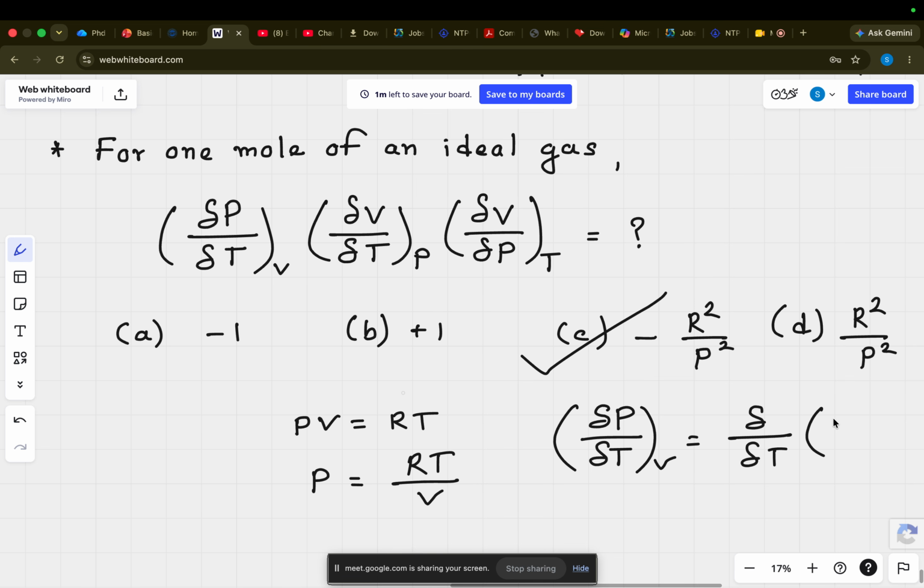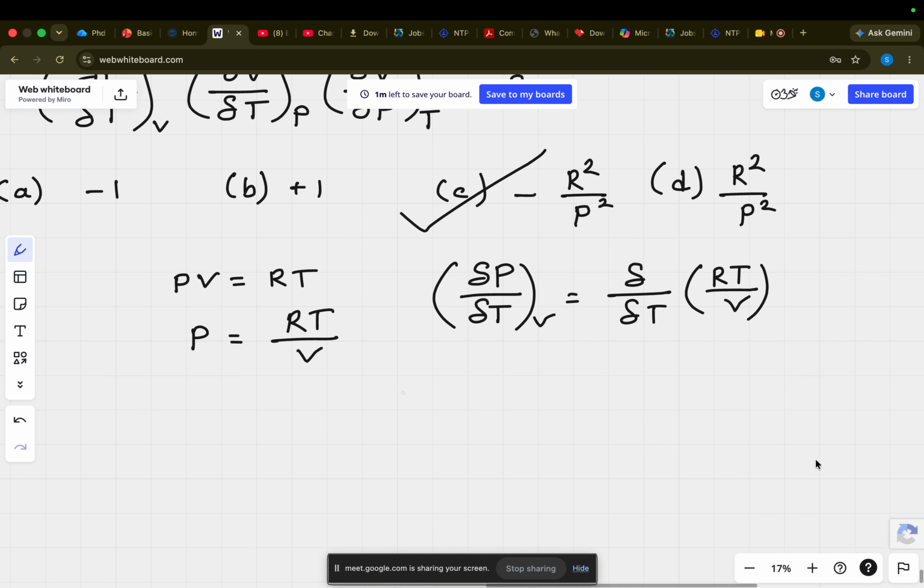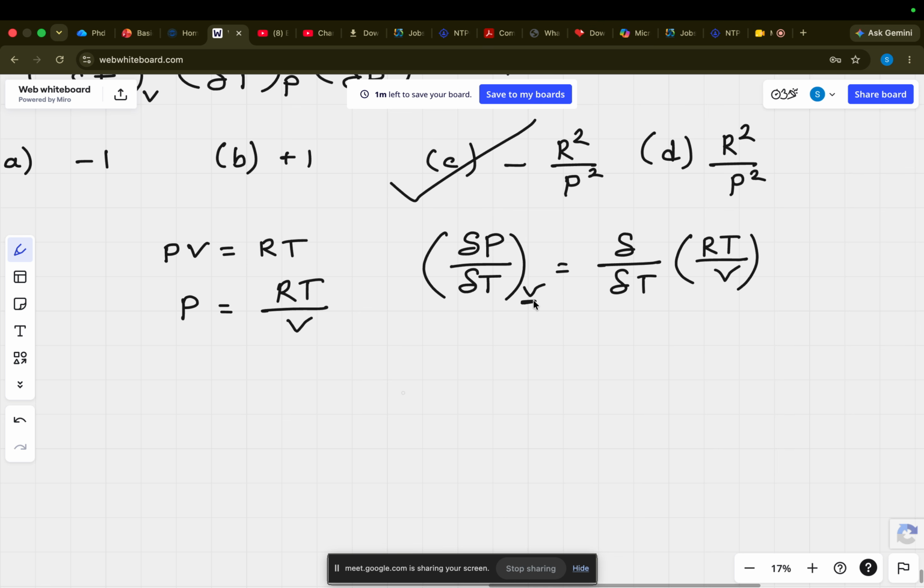RT by V, so put the value here. They have clearly mentioned that volume is constant, and R is also constant, so this R by V will come out. Then del T by del T cancels out, so I am getting R by V.